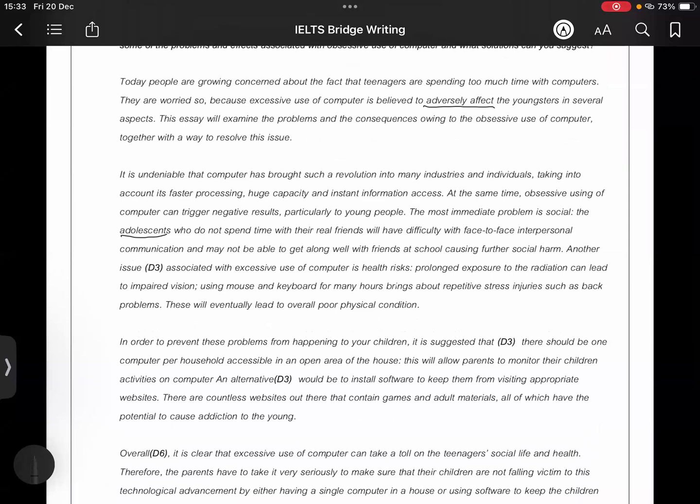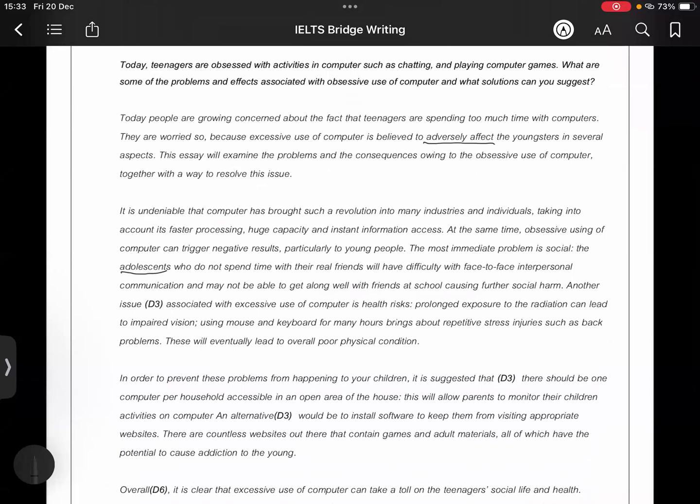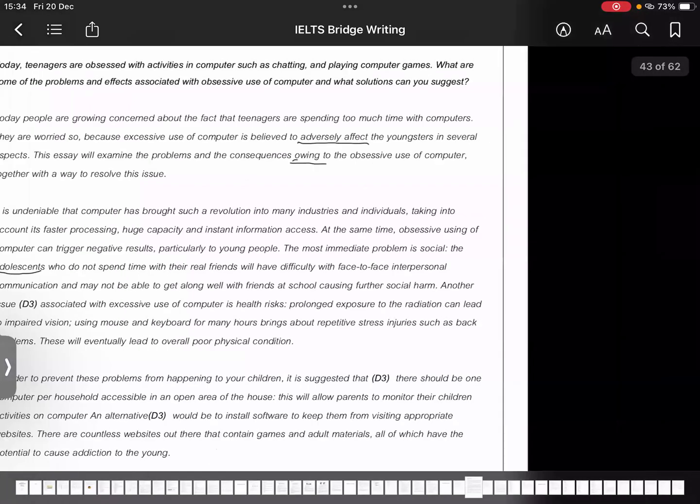I think it's in the... can't find owing to, but I know it's there. Where is it? Okay, let's start from the first paragraph. Growing concerns. Owing to, here we go. On the third line.